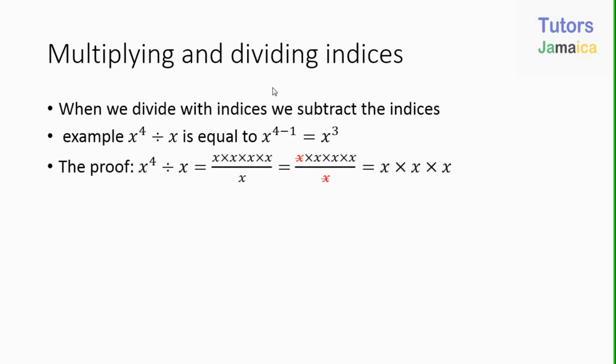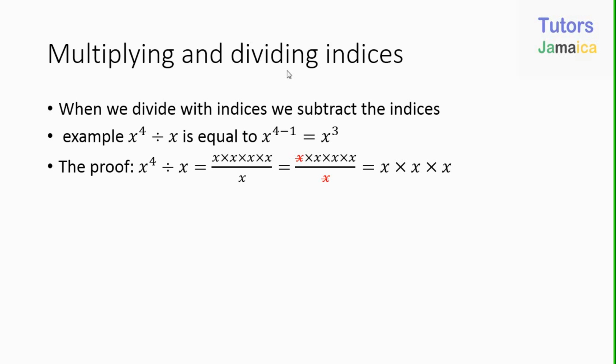And the proof: x to the 4th divided by x. We're going to turn this into a fraction so we can look at it better. That will be equal to x times x times x times x all over x, and x cancels x.